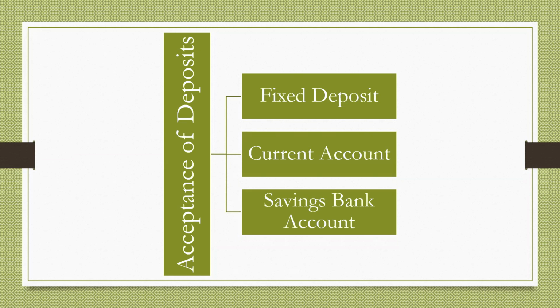Hence, it is also known as time liabilities or term deposits. The rate of interest given for fixed deposits is higher when compared to all other deposits. The longer the period of deposit, the higher is the rate of interest.